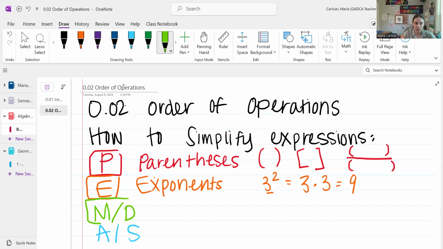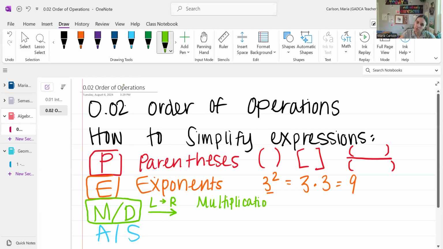After parentheses is multiplication and division, and this is in order from left to right. Left to right, multiplication and division. So it is not the case that you always do multiplication before division.